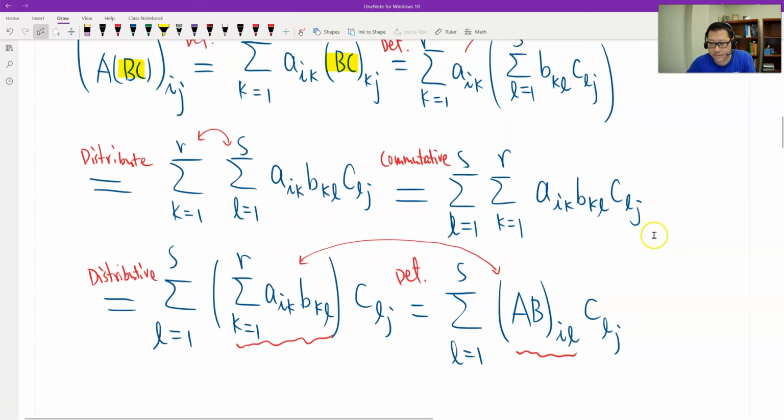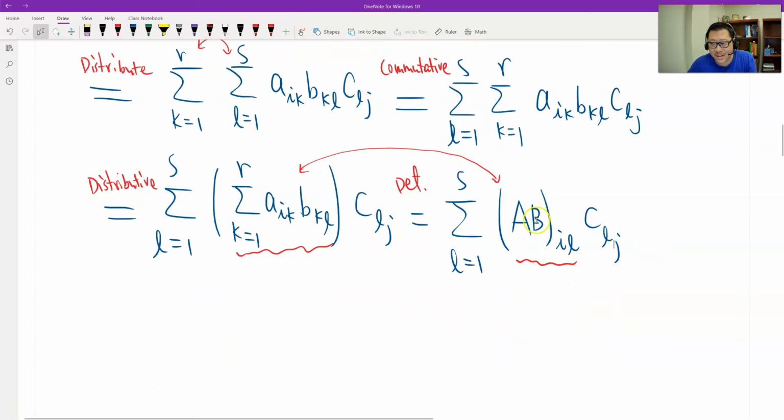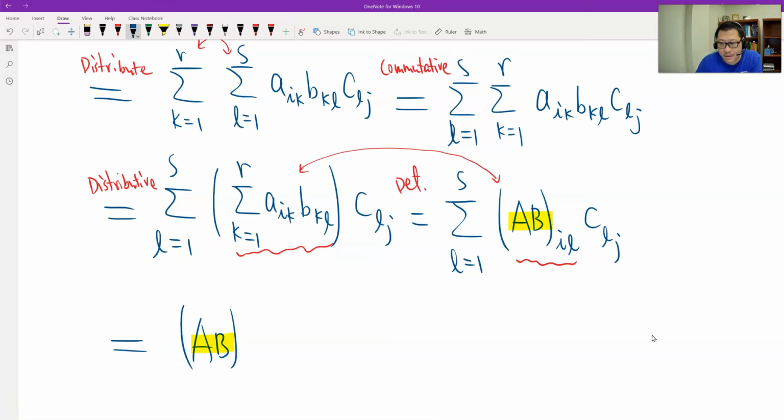Now, almost. What is this? Okay, this is a matrix: the ith row of matrix AB. What is this? It is the jth column of matrix C. So therefore, this is a matrix multiplication again. AB is a matrix, so this matrix just times another matrix C. So what do we get?